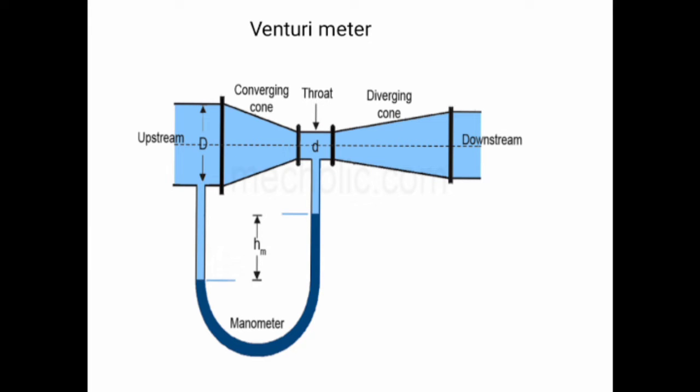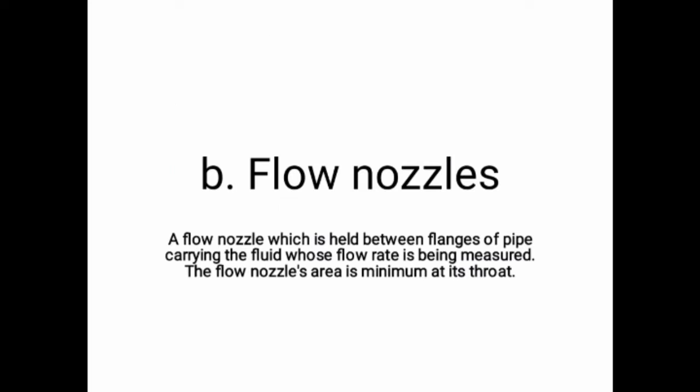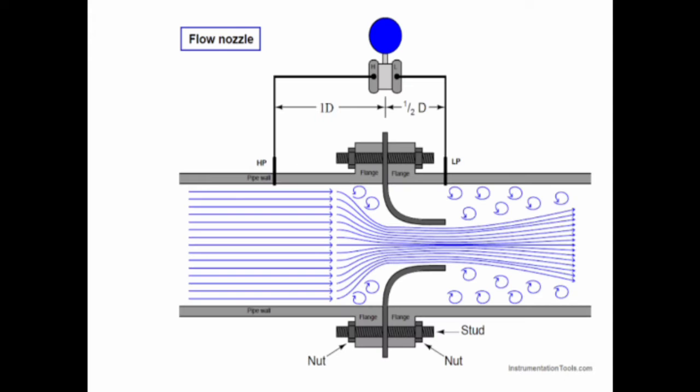So this is the picture of the Venturi meter. The flow nozzles. A flow nozzle, which is held between flanges of pipe carrying the fluid whose flow rate is being measured. The flow nozzle area is minimum. That one, picture.